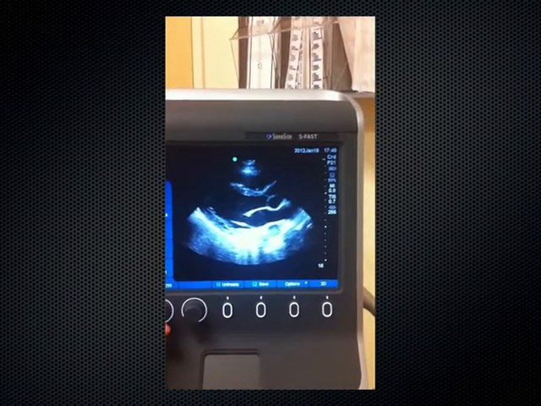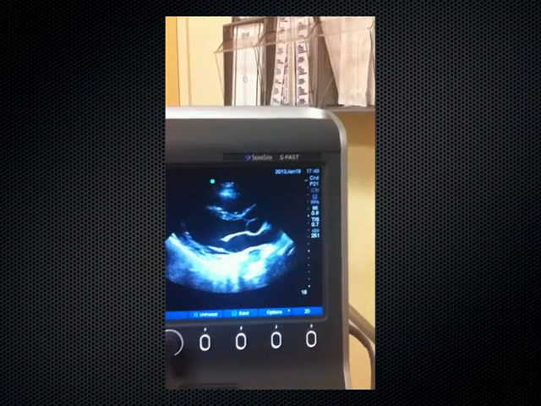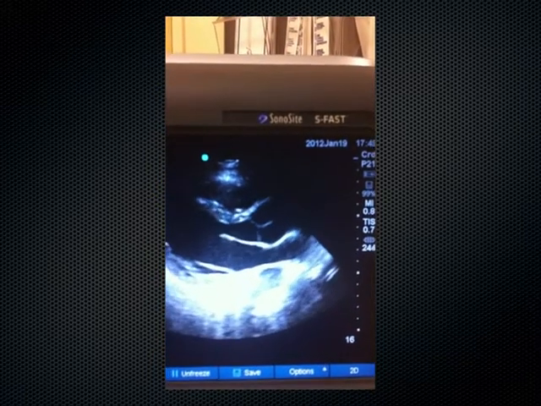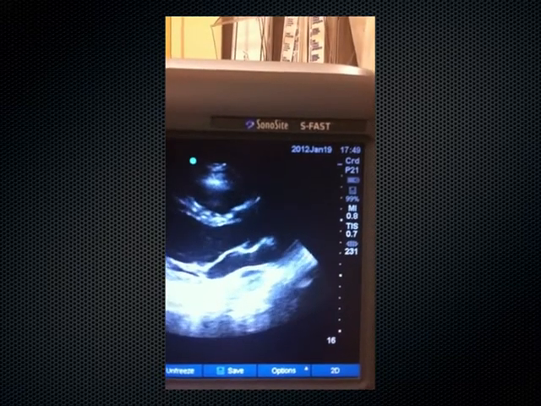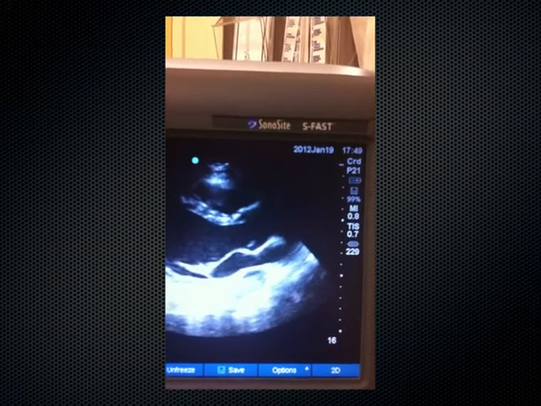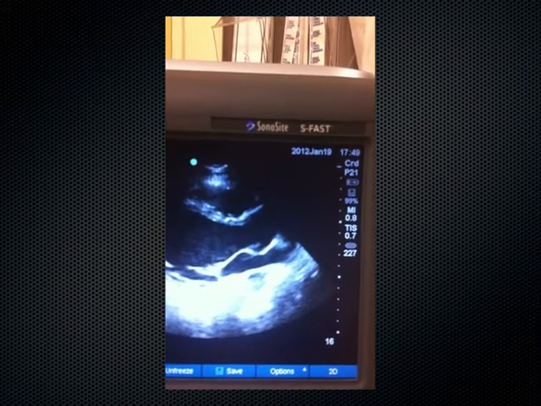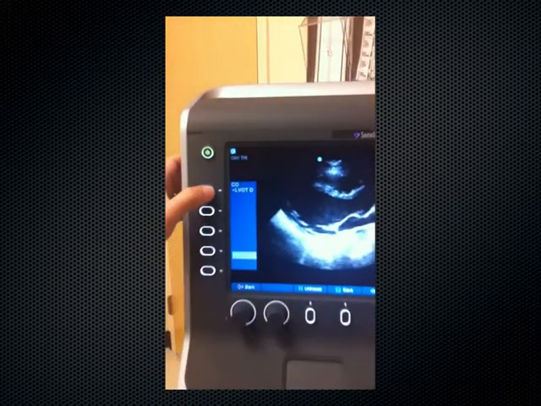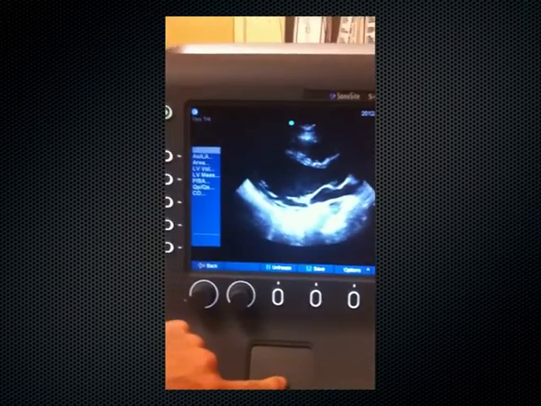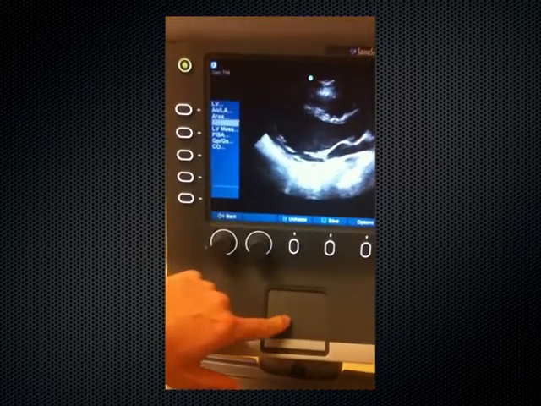So what I'll do is I'll scroll back to when the leaflets are open, and I think this is the maximal excursion right here. I'm going to hit calculations right here. I'll hit LVOT. Oops. Go back to cardiac output.